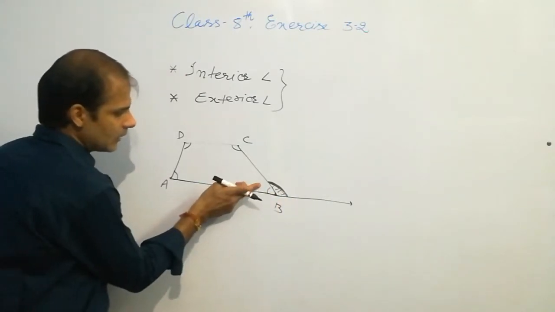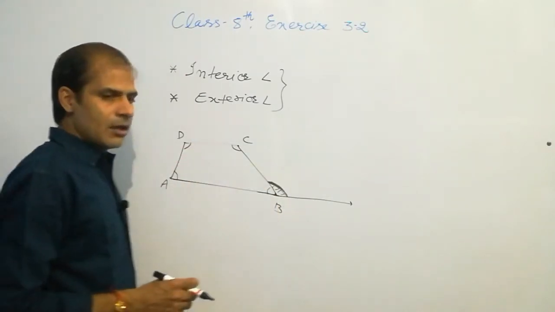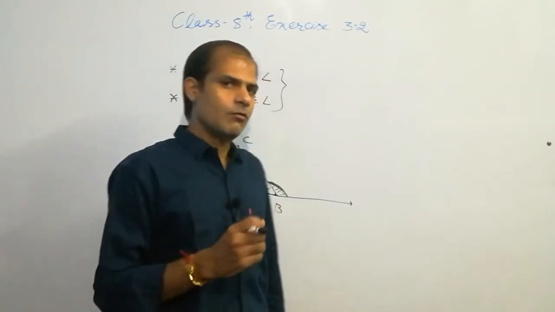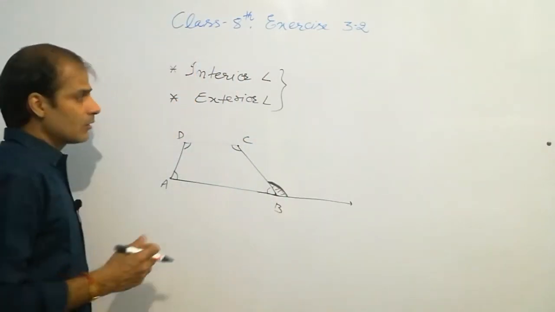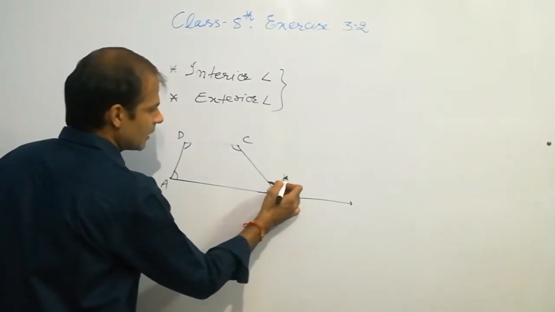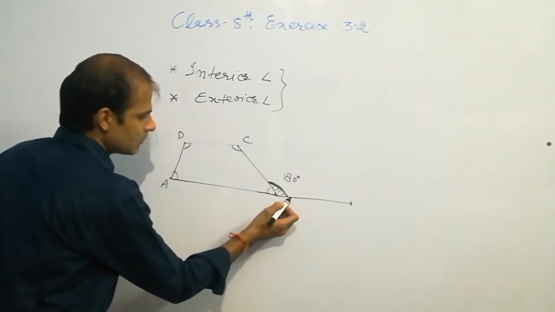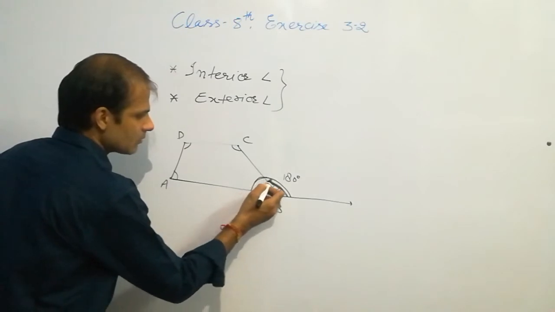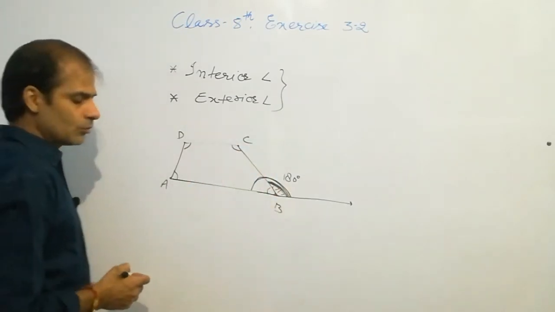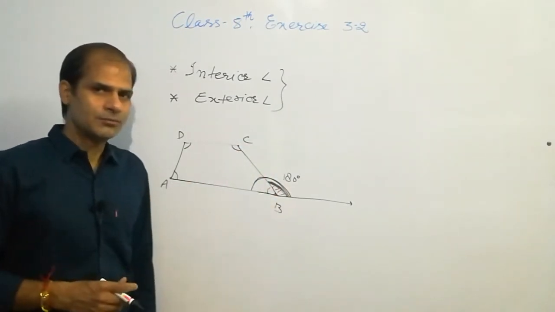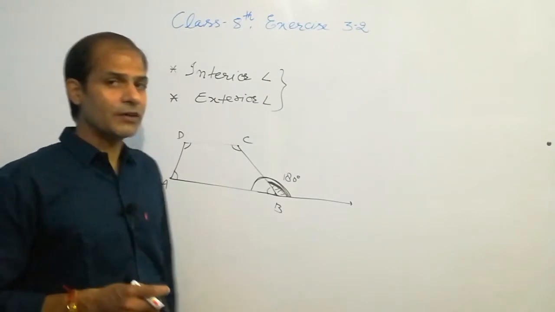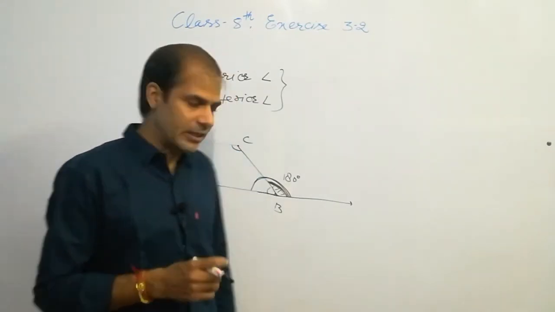So it is interior, it is exterior. At every vertex of a polygon, the sum of interior plus exterior is 180 because the sum of these will be this straight angle. So always remember, at a vertex, the sum of interior and exterior angle is always 180 degree.